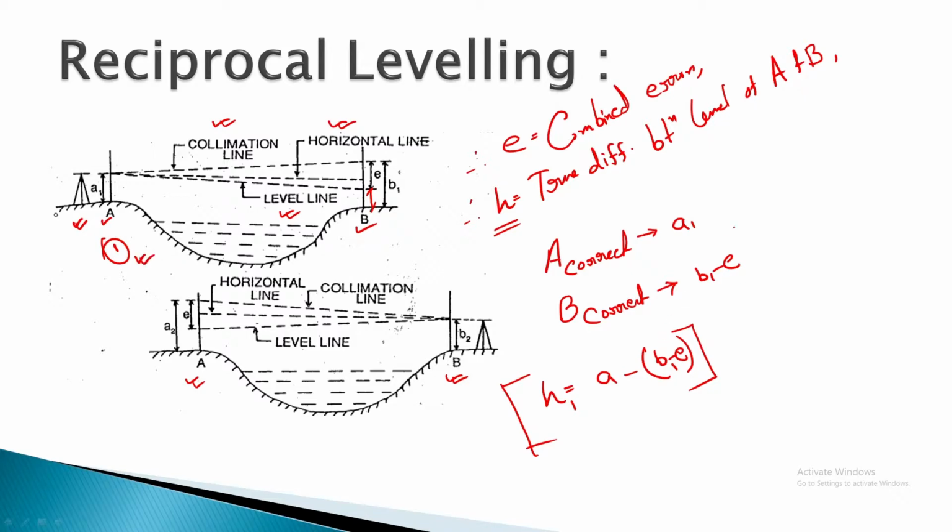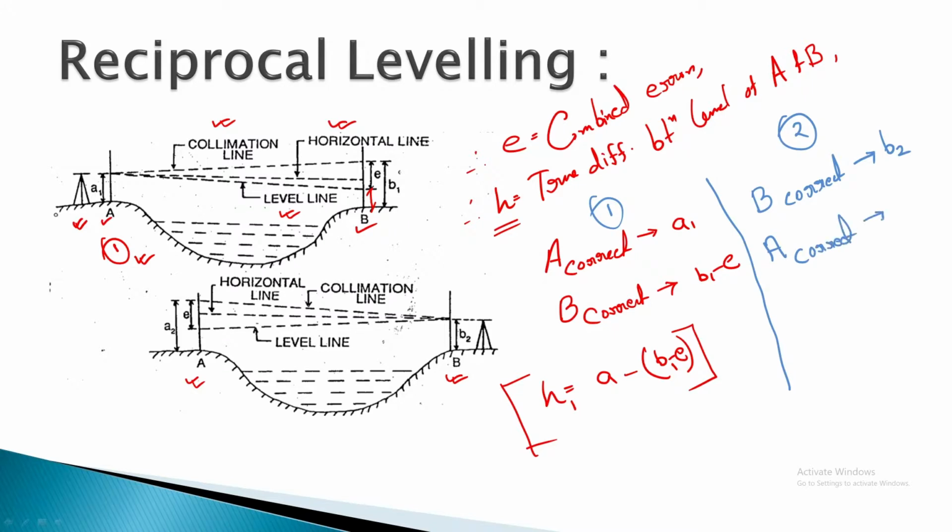Now similarly for case 2, I am just changing the color. Suppose this is for case 1 and this is for case 2. The correct staff reading at B is B2, and the correct staff reading at A is A2 minus E, because here the correct staff reading is this one.